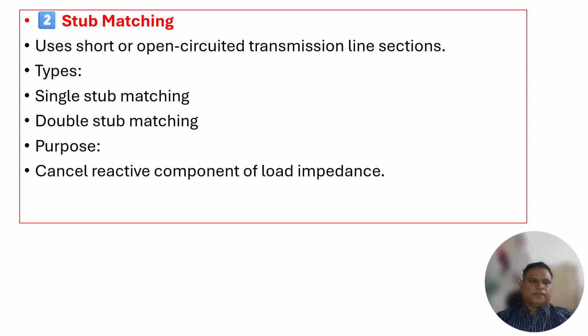Now, stub matching. Using open or short circuited transmission line sections, we can achieve impedance matching. Stub matching has two types, single stub matching and double stub matching. By using this, we can cancel the reactive components of the load impedance.